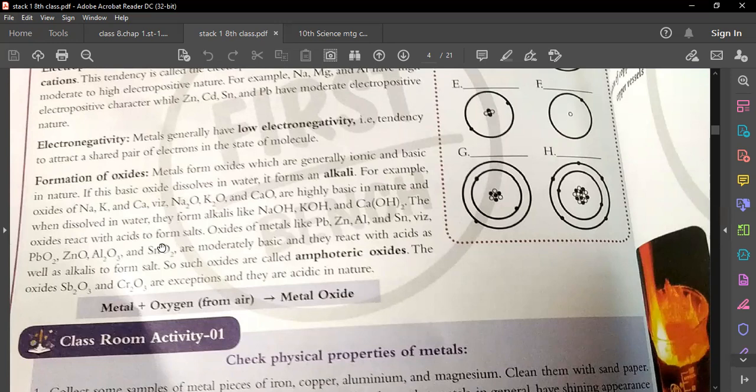Vedika, what is common among the acids and what is common among the bases? Sir, acids have H plus ions and bases have OH minus ions.